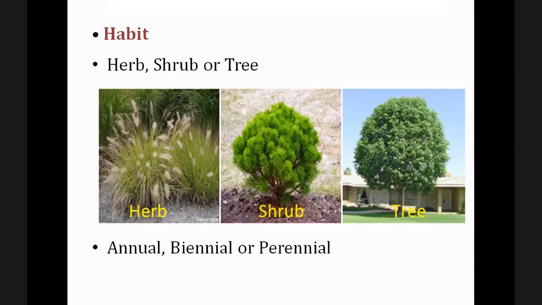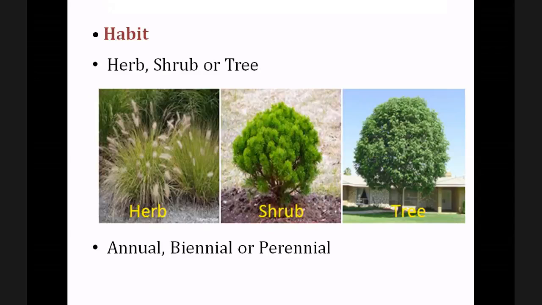So the first one is the herbs. The second category is the shrub. This is the medium type plant, taller than herbs and shorter than the tree. They are medium-sized, bushy plants. They have branches.